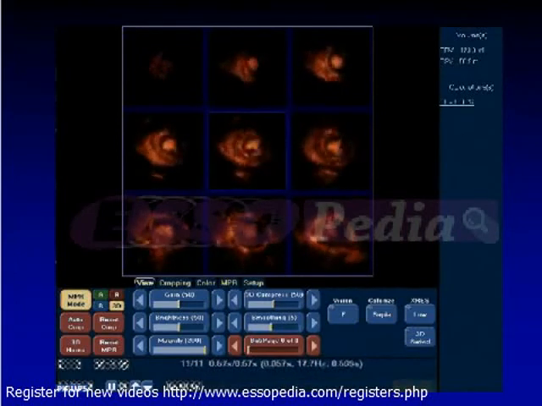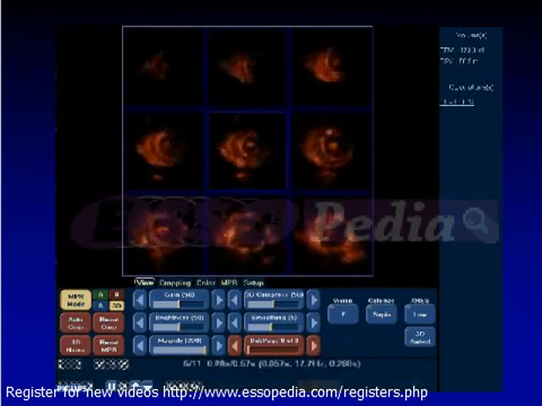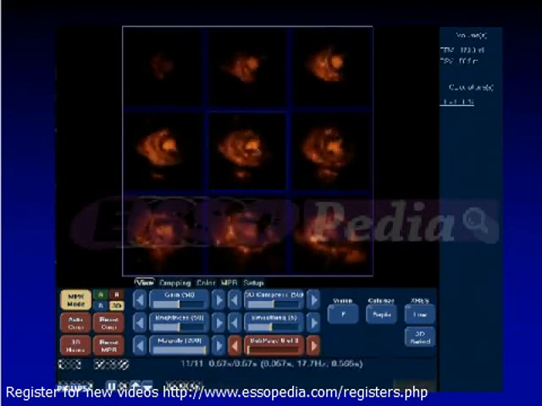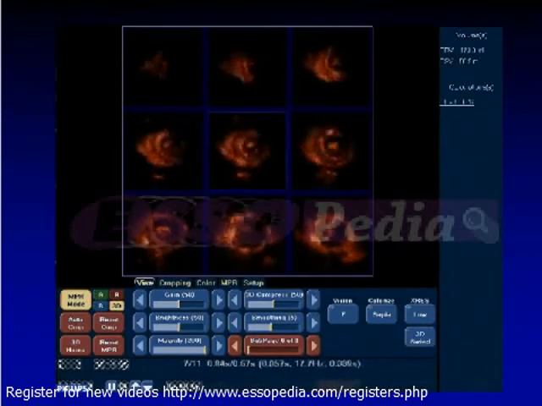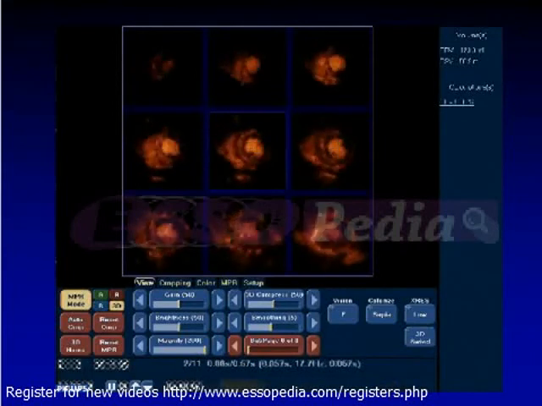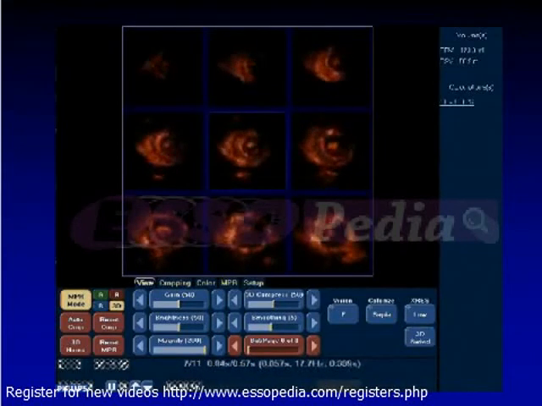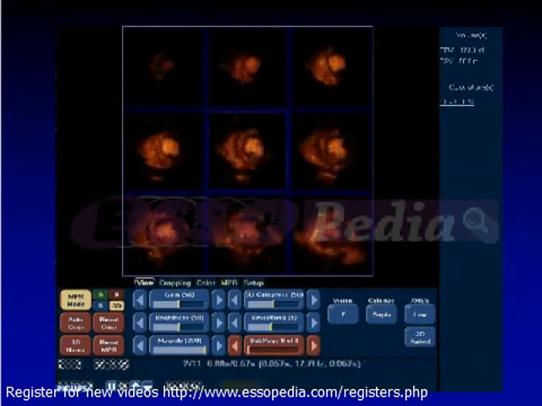In summary, with this presentation, I have talked about how a number of different ancillary imaging tools can potentially be applied to detect acute myocardial ischemia.